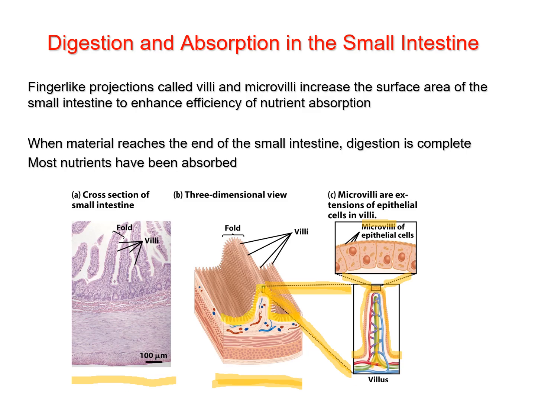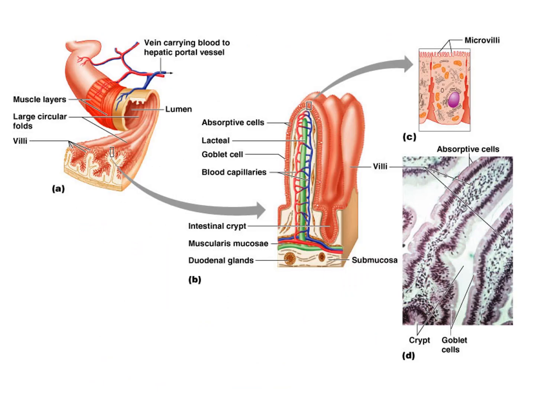Okay, again, diagrams showing the architecture of the tissue in the small intestine. You have the layers, the mucosa, the submucosa, and the muscular layer below that, which is the muscularis externa.